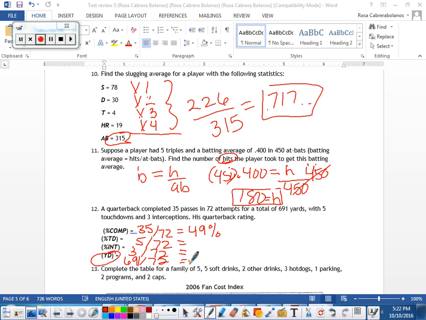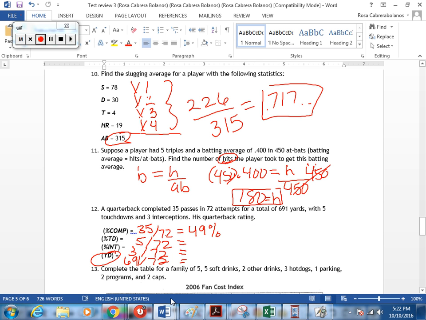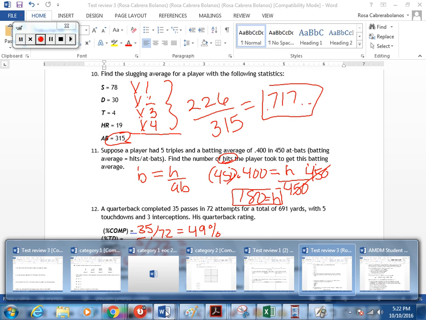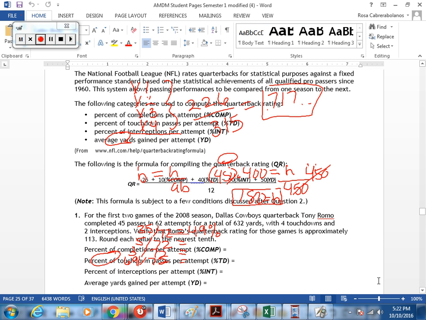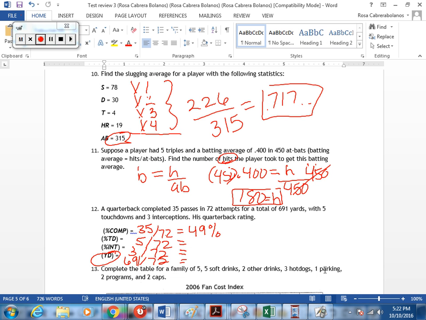Once you do that, you plug it into your formula, which was, let's look at what the formula was. I just forgot it. The 25 plus the 10 times the completions. So let's try to write it down on the other one.